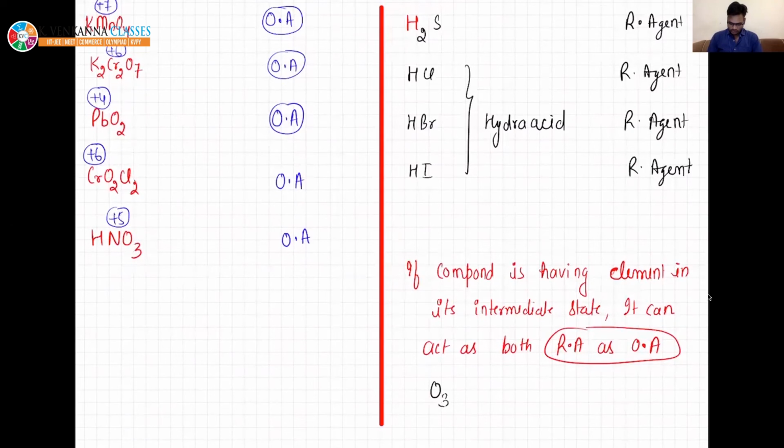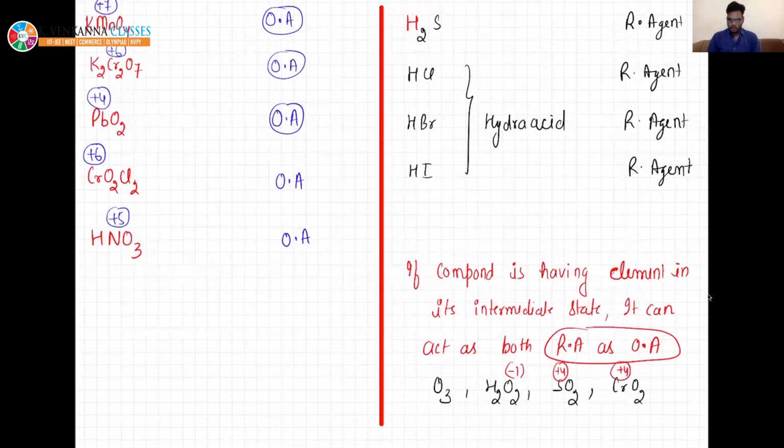O3, H2O2, SO2, CrO2. In this case H2O2, oxygen is in -1, neither maximum nor minimum. SO2, +4, as sulfur is neither maximum nor minimum.